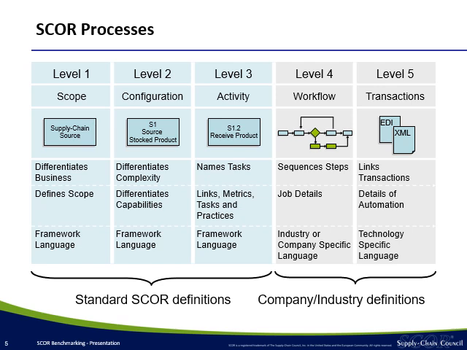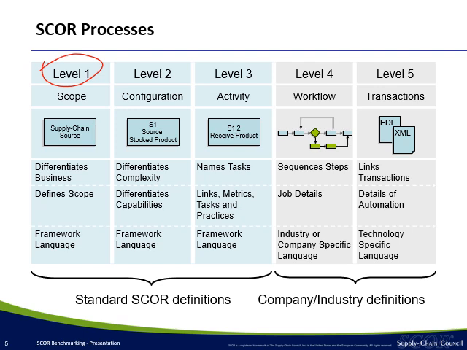Also, if you recall the processes part, each process, for example, the manufacturing or the making or the planning, was called level 1. So each process is first divided into what is the scope of the process. So it's one of the 5 previous processes: plan, make, source, deliver, return.